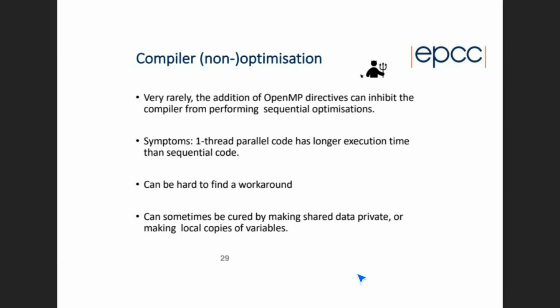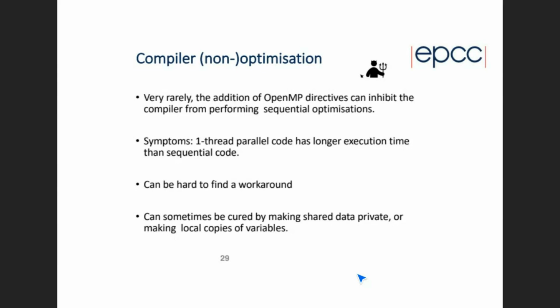And there was a code that happened to do that for no particularly good reason, just a programming quirk. It was passing the first element of arrays around instead of the array name, and for some reason for GNU compilers, that broke the optimization, and adding OpenMP directives just made the sequential code go sort of twice as slow for certain loops.